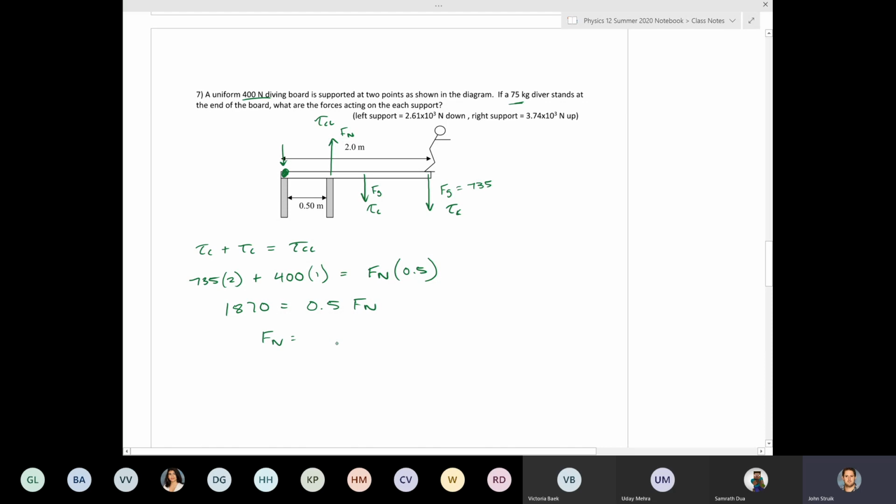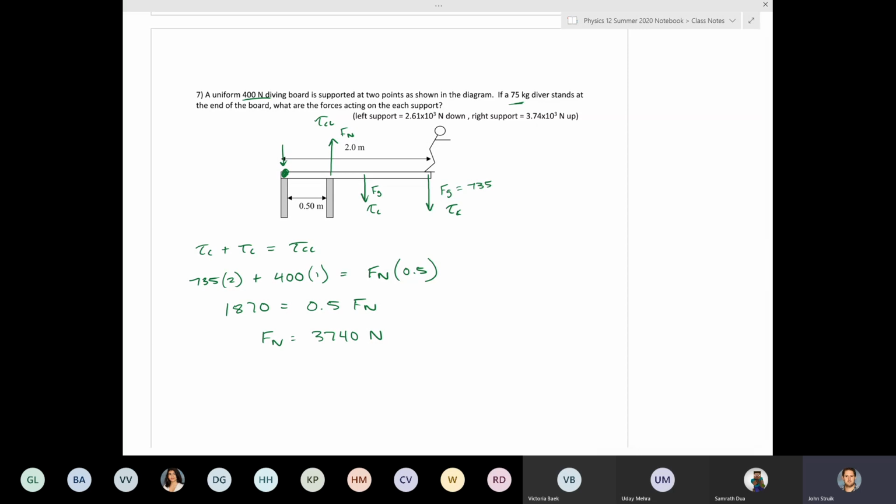Let me double check this. 1870 divided by 0.5. Oh, I totally did that wrong. I typed it in my calculator wrong. There you go, 3,740 newtons.